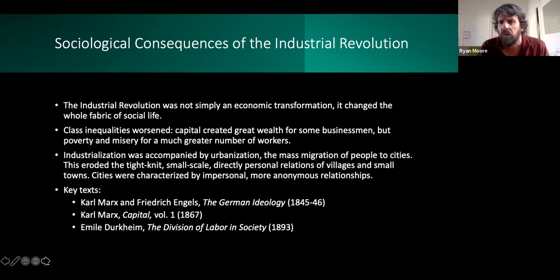Children were regularly expected to work, including working in the mines from the time they were like 9 or 10 years old. So child labor, massive misery, poverty, people who had been basically forced into wage labor because they had lost their access to land and the ability to sustain themselves on a farm or in a village.